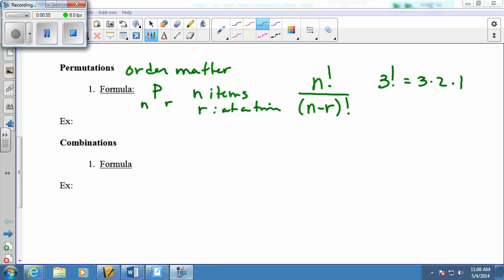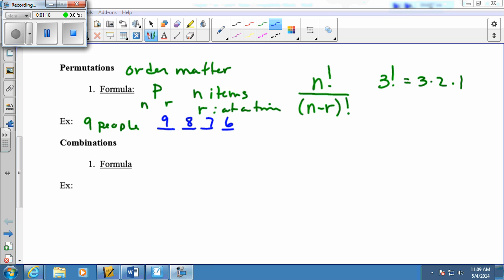So let's look at an example. Let's suppose that I have a baseball lineup and I have 9 players, and I want to know how many different arrangements I can have for these players. One way to look at it is to say the first position of batting would be 9, then 8, 7.